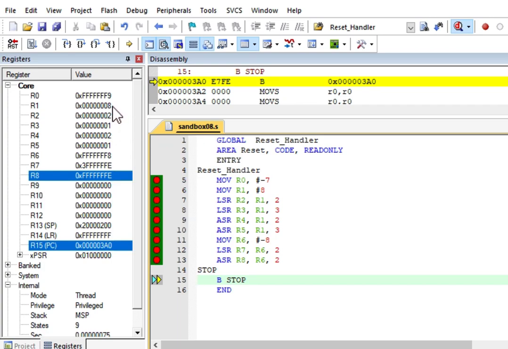For plus 8, R2, R3, we varied the amounts of shift for logical shift, right? R2, R3, they gave the same answers as arithmetic shifts. R4 and R5, shift by 2, shift by 3, shift by 2, shift by 3. So they respect the shifts. They divide as they should in powers of 2, depending on the number of shifts that we place.